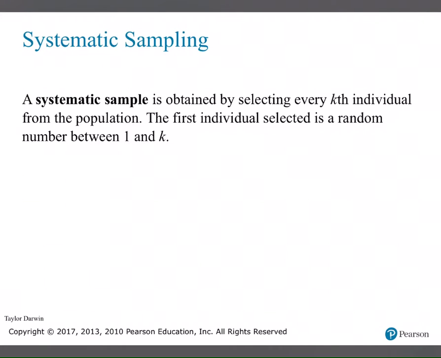Another example, another way to get a sample, is called systematic sampling. And that's obtained by selecting every kth individual from the population. And it's randomly selected. You start by selecting someone between 1 and K. And what is K? So we'll learn how to do that.